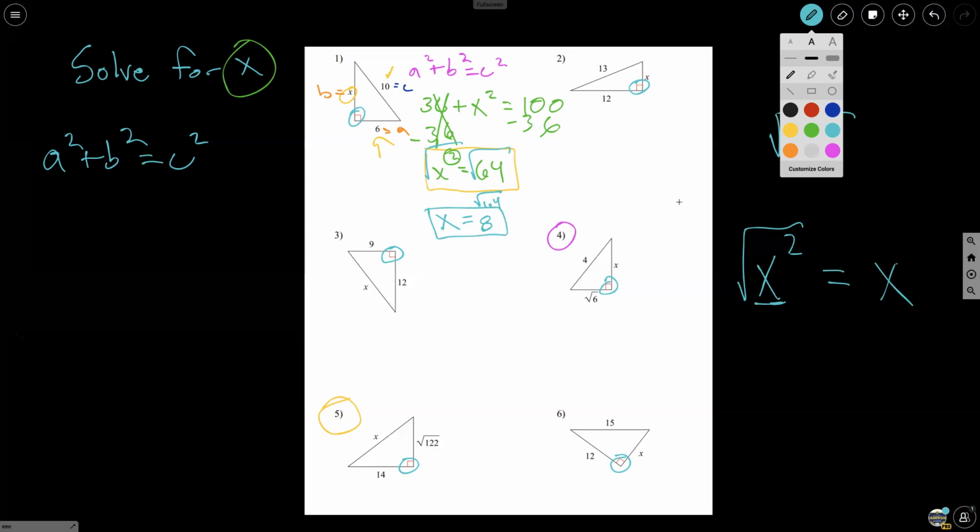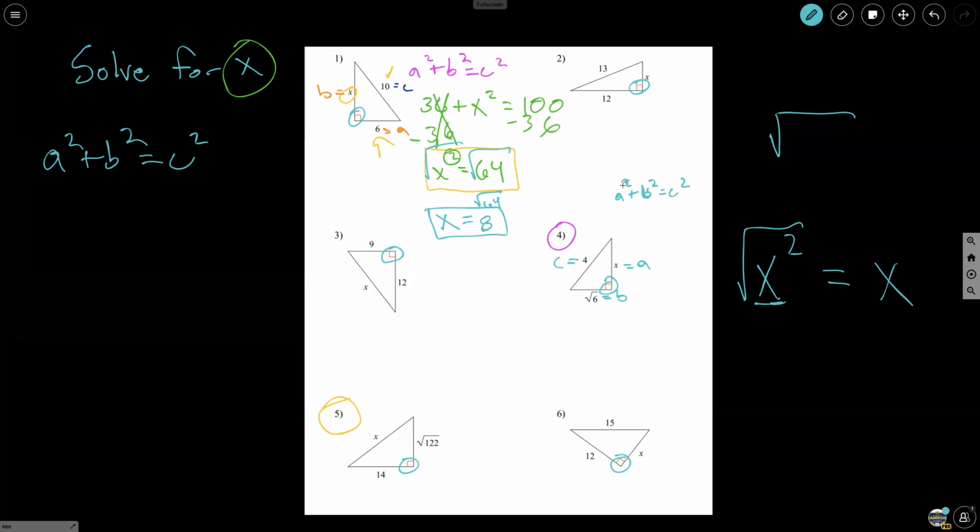Number 4. All right, again, we go a squared plus b squared equals c squared. Okay, and here we see that this is going to be c, and then we could call this one a, call this one b. And remember the rule when you have a second power inside of a square root. What happens to it? It goes away.